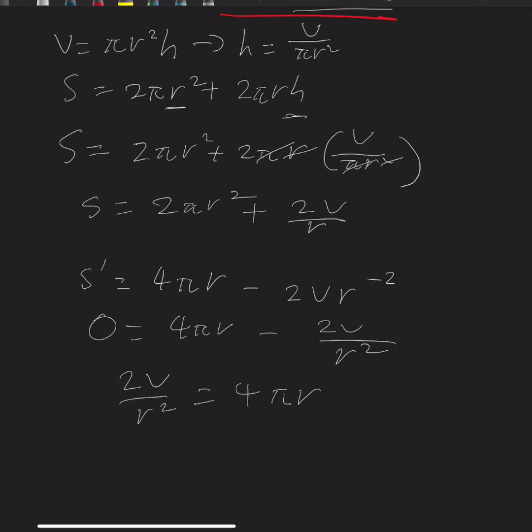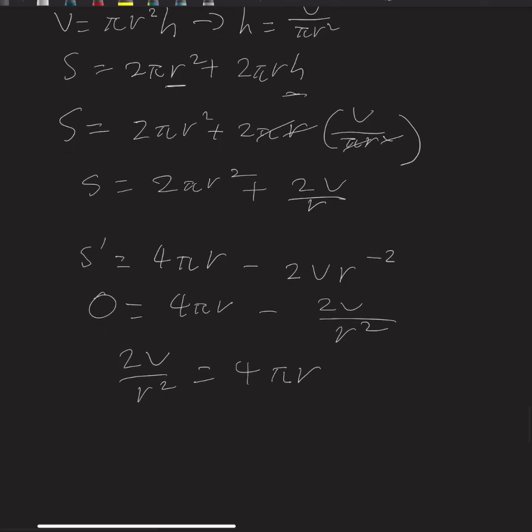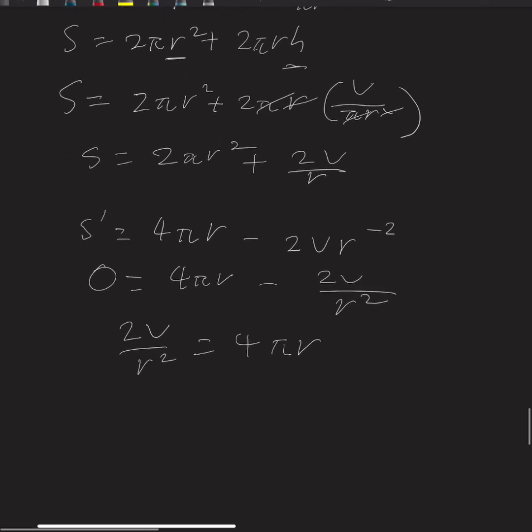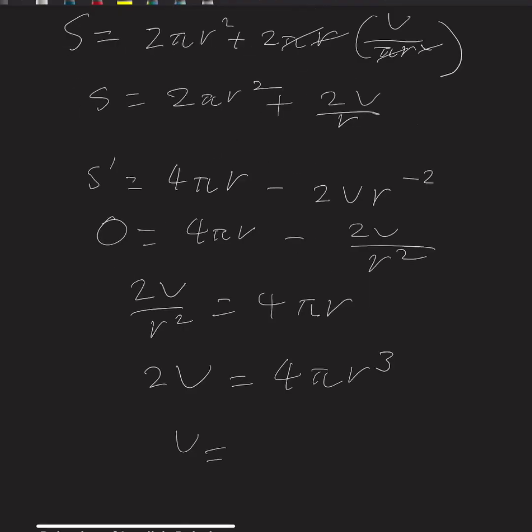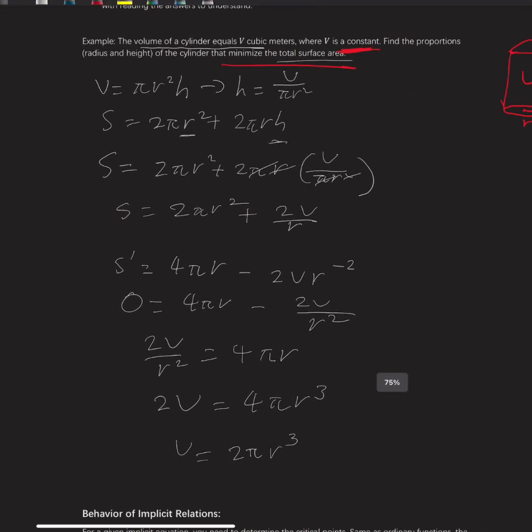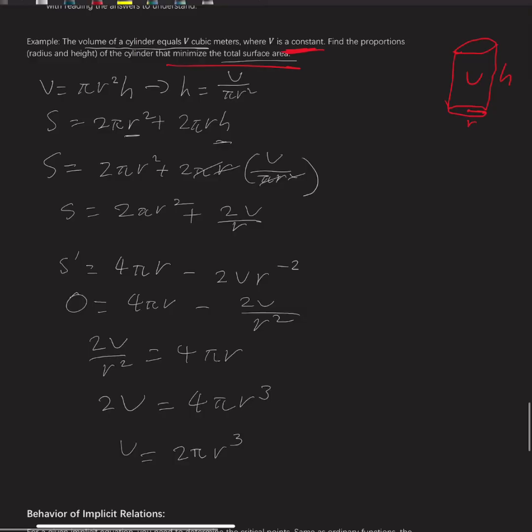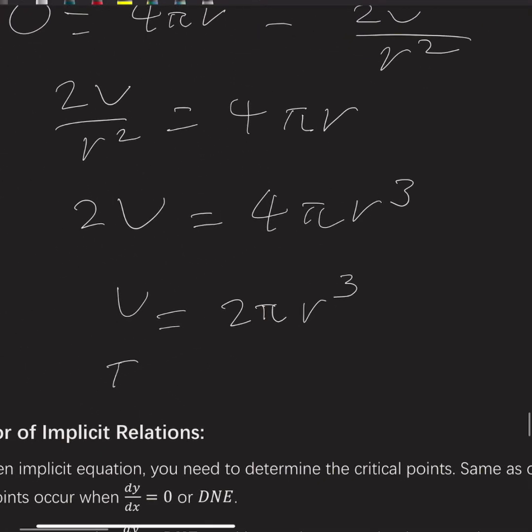So 2V is equal to 4 pi r cubed, so V is equal to 2 pi r cubed. Now, we already know V is pi r squared h. So pi r squared h must be equal to 2 pi r cubed.